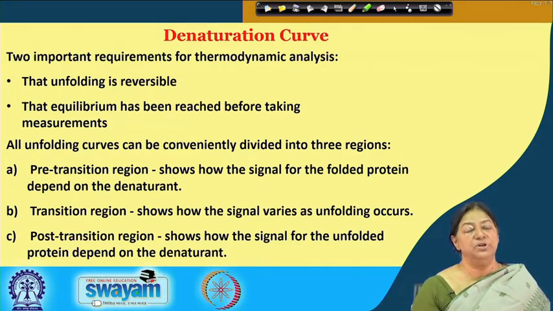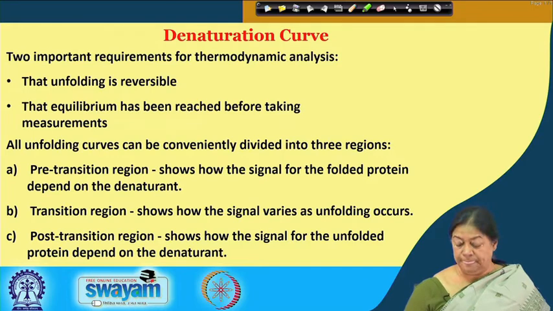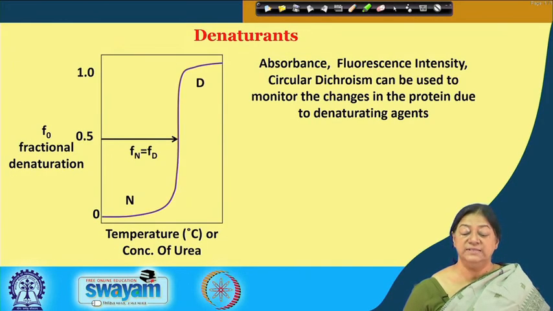It could be temperature, it could be pH, it could be addition of urea, it could be some other component or additive that is going to disrupt the native structure of the protein. And what we have to do is monitor this disruption. So, we have a transition zone that shows the signal variation with the unfolding, and we have a post transition that will tell us that the protein has denatured.